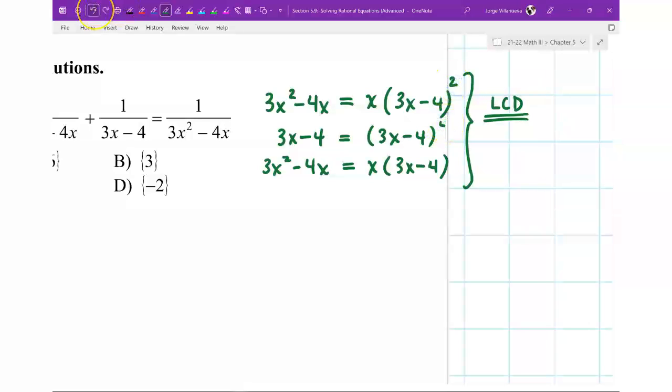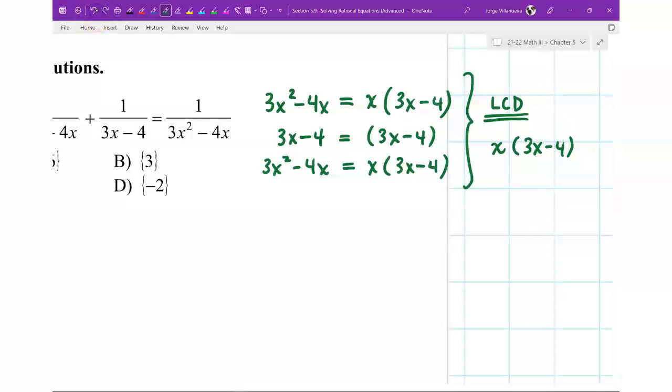It's just all to the first. So I'm going to put 3x minus 4. That's one thing that I noticed. I also noticed there's an x all by itself. Maybe they don't all have it, but remember what I told you? You have to list everything you see. And what's the highest power on that x? Well, this is a first and a first. So the highest power on the x is a first. That's my LCD right there.